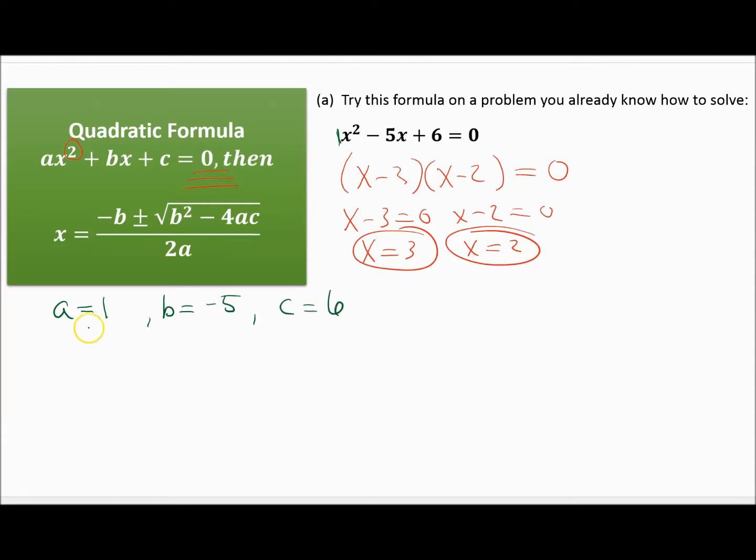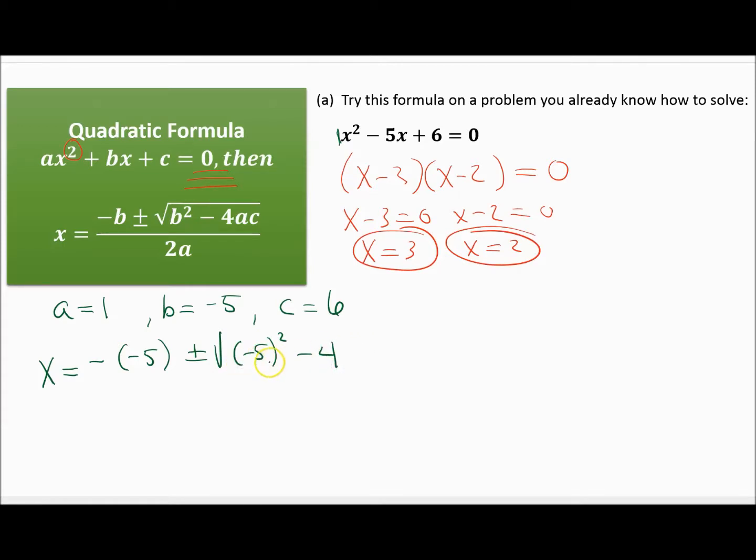And then you plug this directly into the formula. So there's an x in our problem, so I'm going to write x equals, and you have negative b, so negative of a negative 5, and then plus or minus the square root of b squared. So that's going to be negative 5 squared, minus 4.